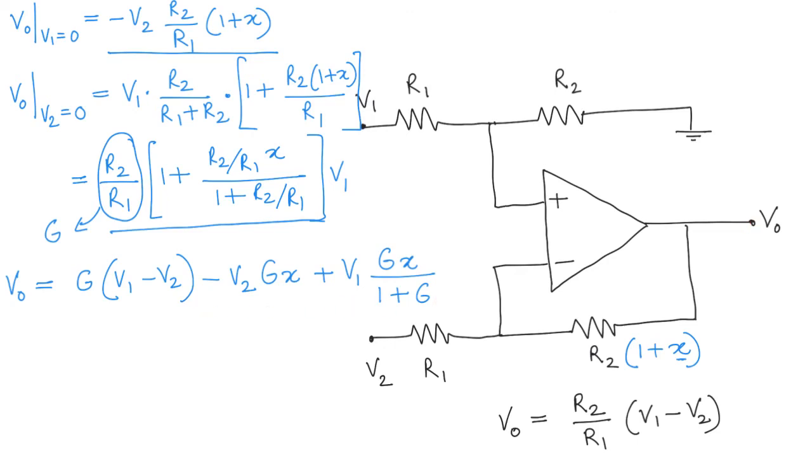We are not just getting an amplified version of the difference between V1 and V2, but we are getting some extra terms here, which we would not like.